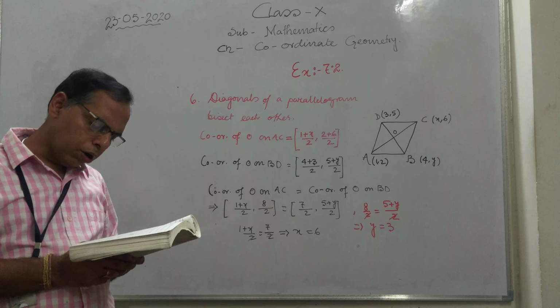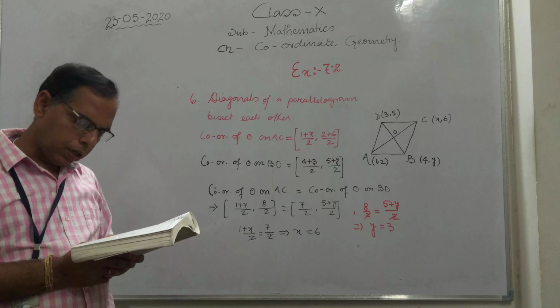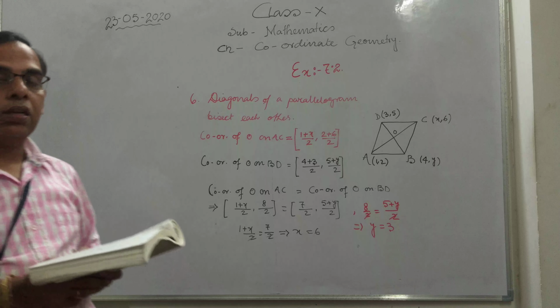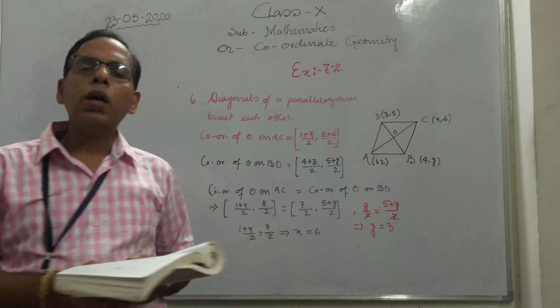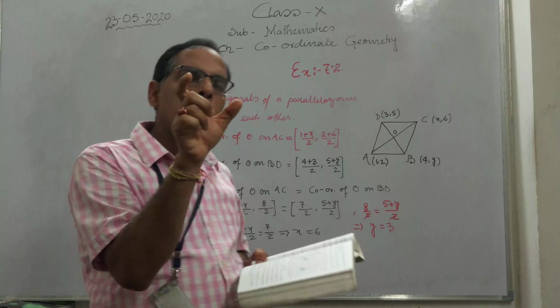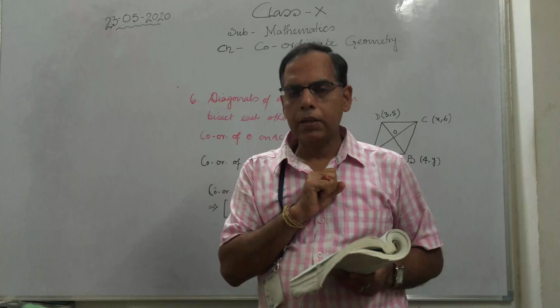Find the coordinate of A, where AB is the diameter of a circle whose center is given, and B is given. Now, what is the relation between the two end points of the diameter and the center of a circle?